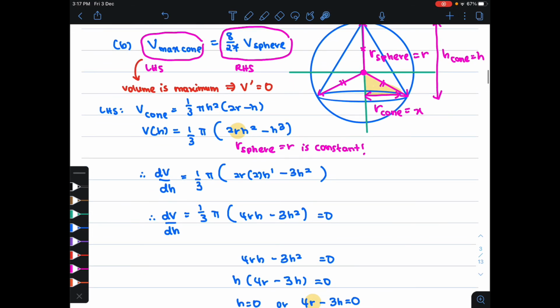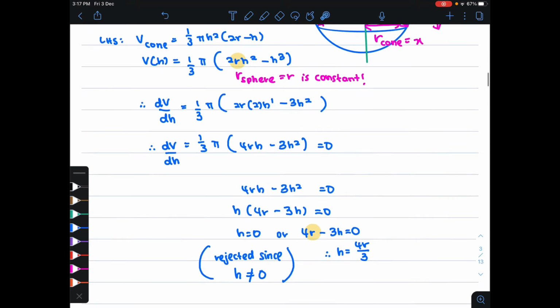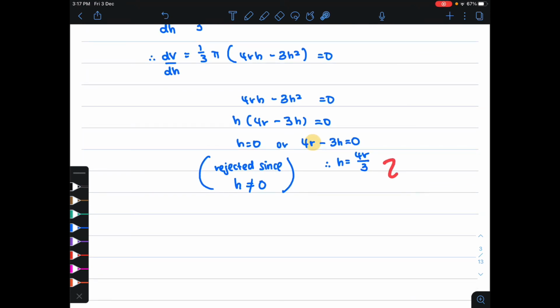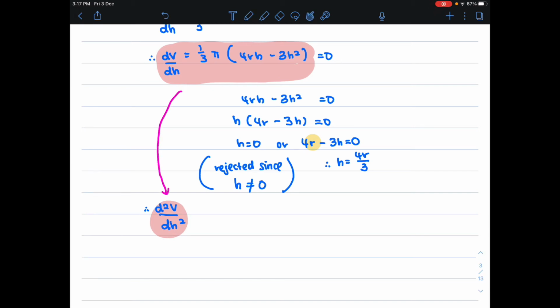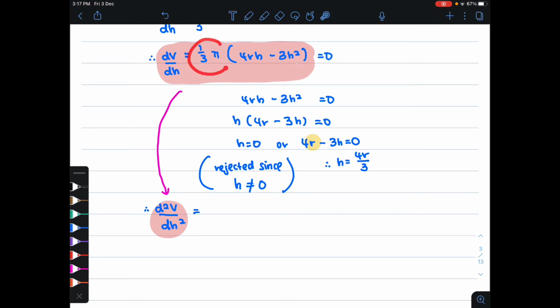Because the question says to find the volume is maximum, right? You have to show that it is maximum. Must show. So, here let's use the second derivative test. That means we have to differentiate dV/dH one more time to get d2V over dH square. And it must use the original dV/dH, which is this one. Okay, so if we differentiate it one more time, 1 over 3 pi is copied back because it is constant. What we differentiate is 4RH minus 3H square only. Okay, R is constant. So, 4R.